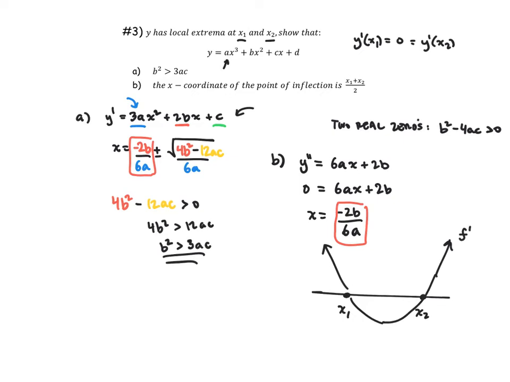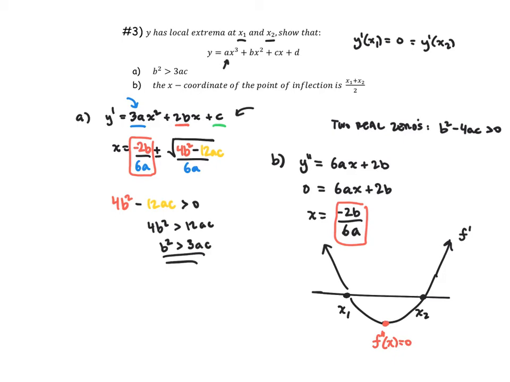So if I were to look for a point of inflection on the graph of f prime, it would be where the slope of f prime equals 0, which I would target right here. The slope of f prime is f double prime, and changes sign, right? So the slope of f prime is negative, then 0, then positive.